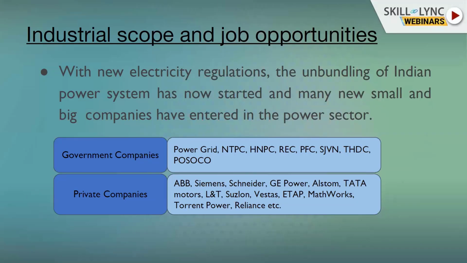Suzlon and Vestas are the biggest wind turbine producers around the globe. And then there are some simulation software companies, which also recruit power system engineers for further improvement in their software, like ETAP, MathWorks. So there is a huge scope for power system engineers in the future. So that's all from my side regarding the brief introduction of the power system network.